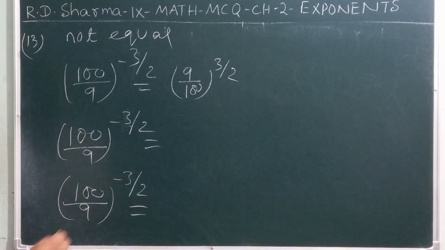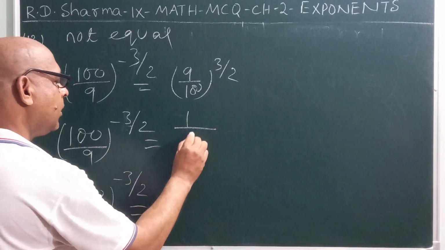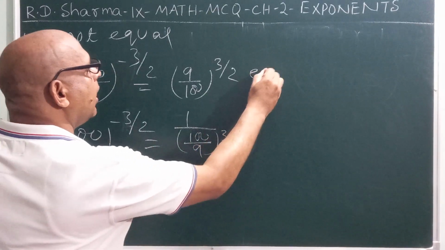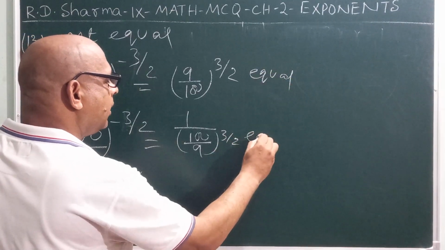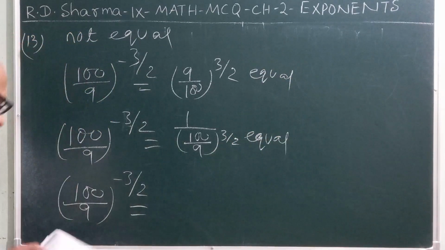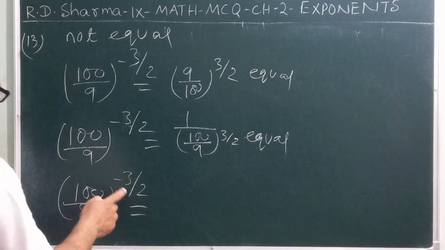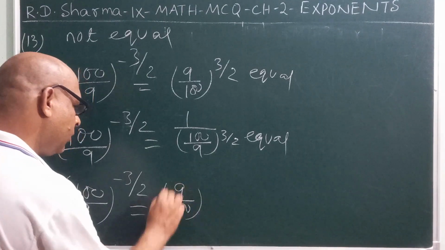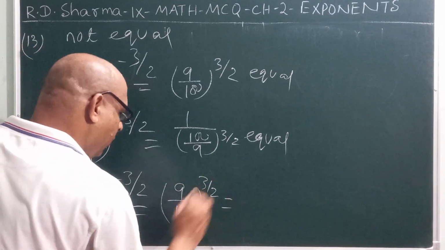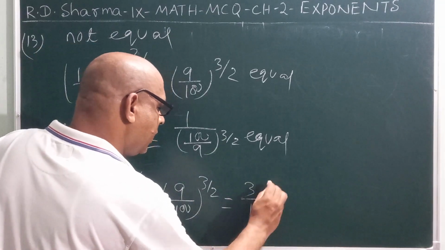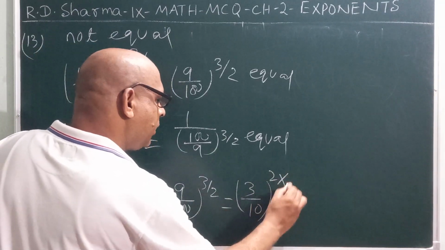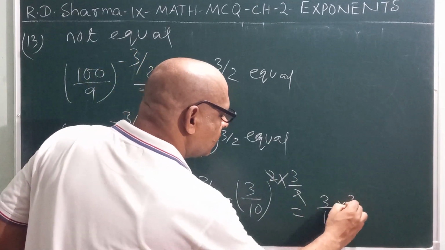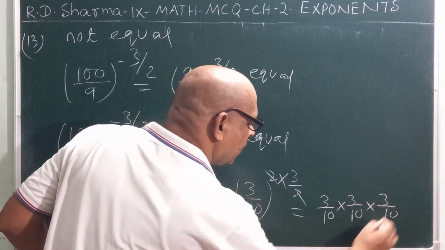Then 1 by 100 by 9 to the power 3/2 equals, next, minus omit, 9 by 100 to the power 3/2 equals 3/10 to the power 2 into 3/2, 2 cancel, answer 3/10 into 3/10.